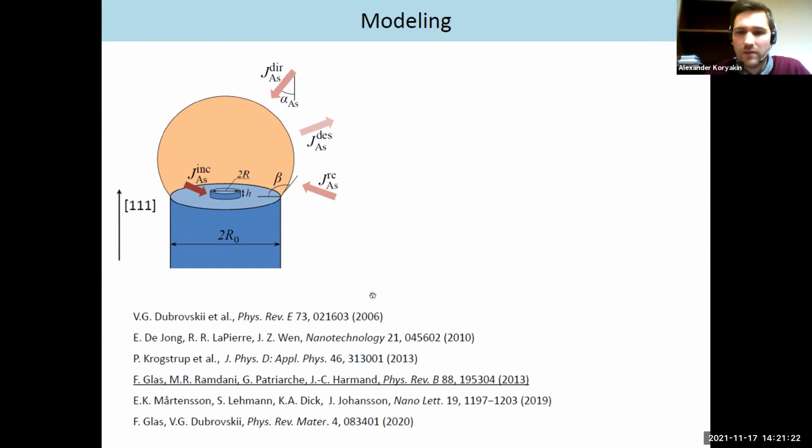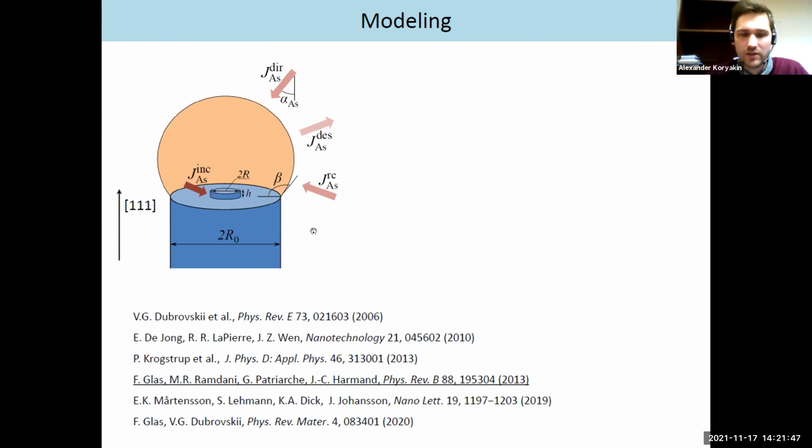Here you can see a schematic illustration of the geometry considered in the model. We have a cylindrical nanowire with a spherical droplet on the top, and the growth occurs via formation of a disc-shaped island at the nanowire top face. It should be noted that here we do not consider the truncation effect.